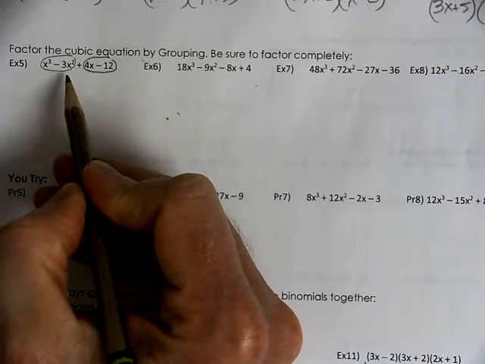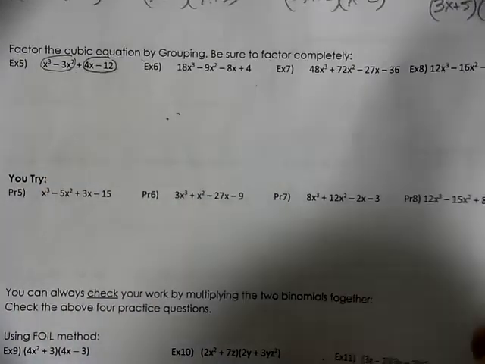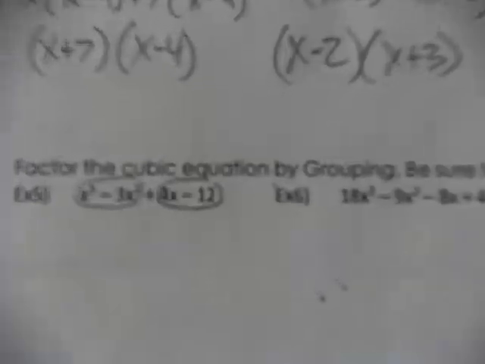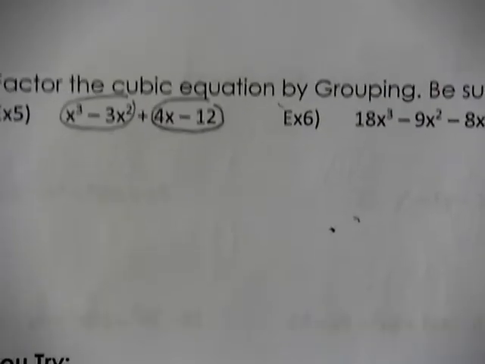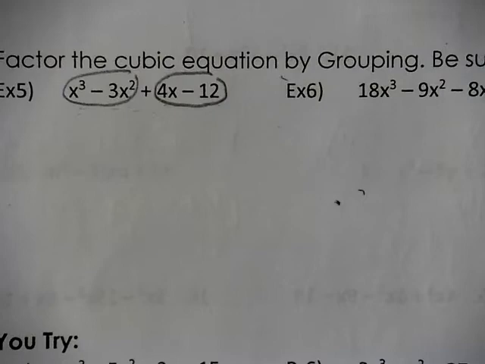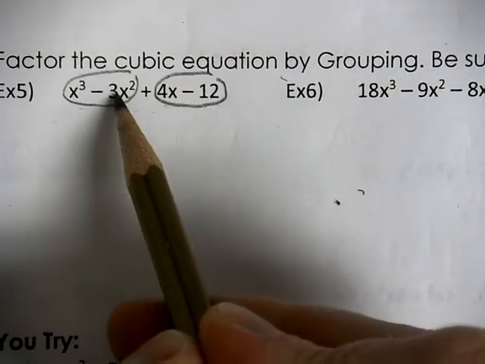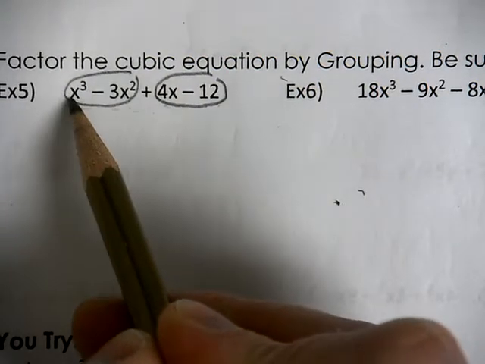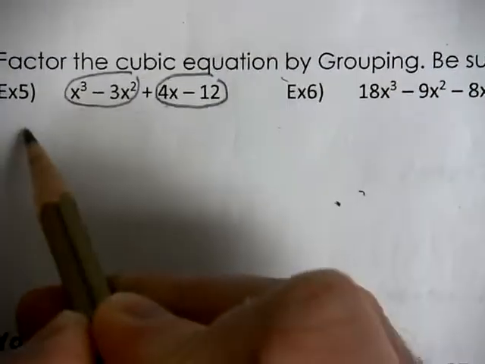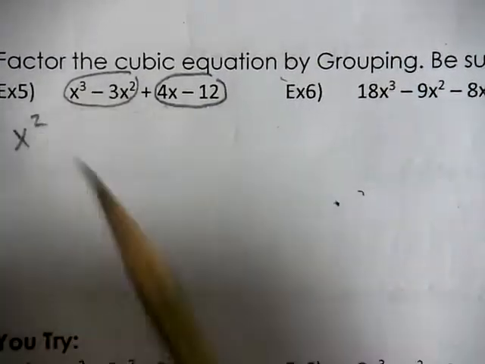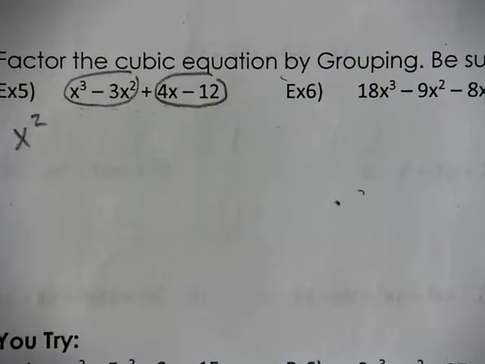So you look inside your first set here, and what do you notice? They both have an x, but it's even better than they both have an x. They both have at least an x squared. This one has a square, this one has a cube. This has 2 different x's in it, this has 3 different x's in it. So the most I can bring out is x squared.